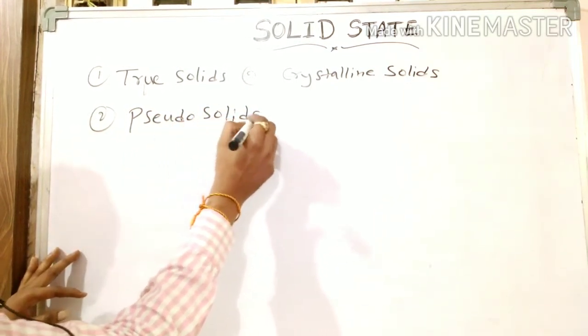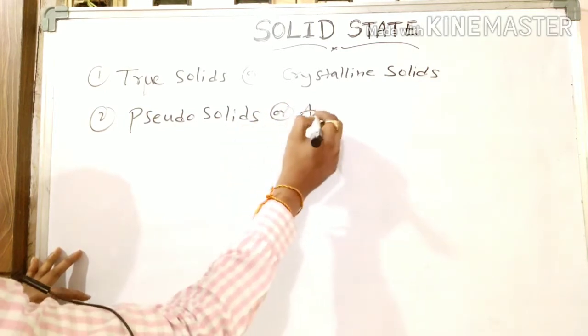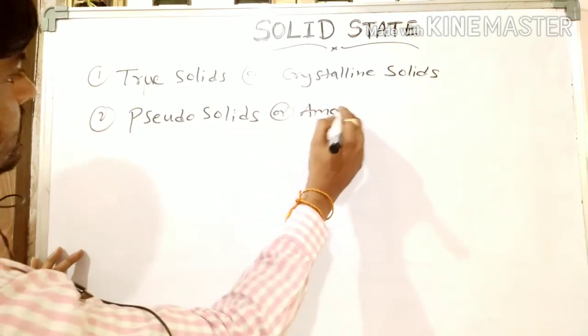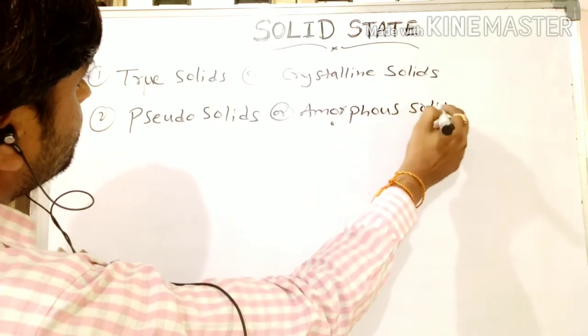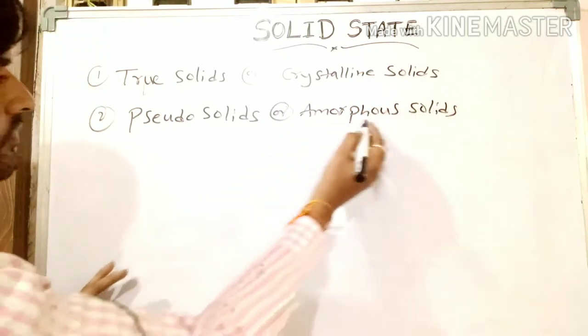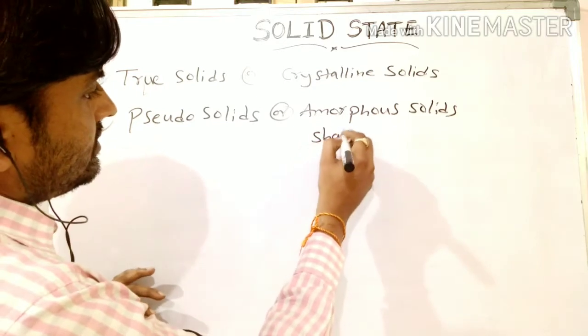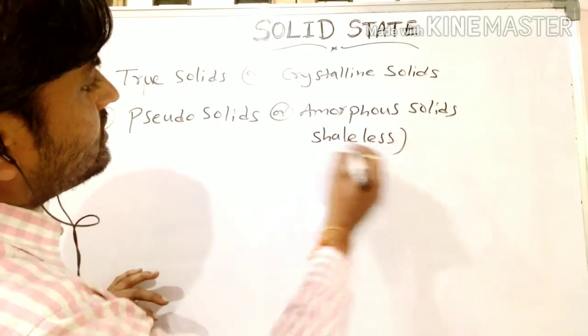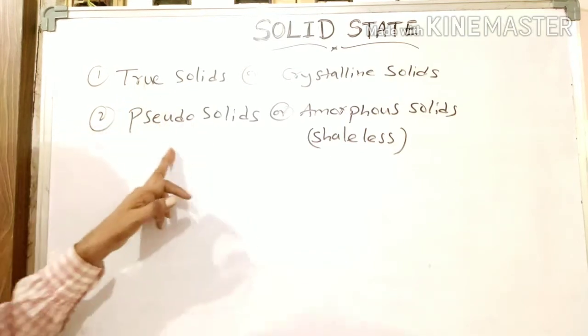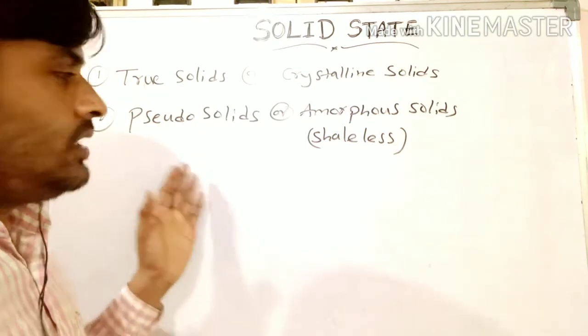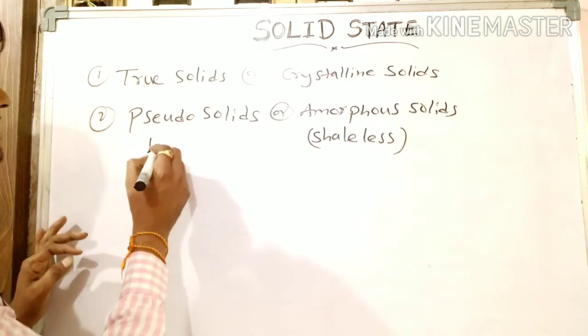Pseudo solids are amorphous solids. Amorphous means shapeless solids. These are true solids, these are false solids. Pseudo means lie.